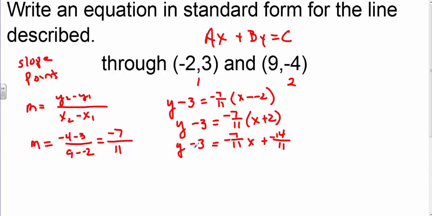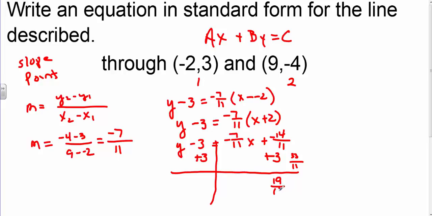Now to get the 3 away from this side, we add 3, draw a line, add 3. And we've got 3 will be 33 elevenths. So we've got 33 elevenths and negative 14 elevenths. That gives us 19 elevenths.